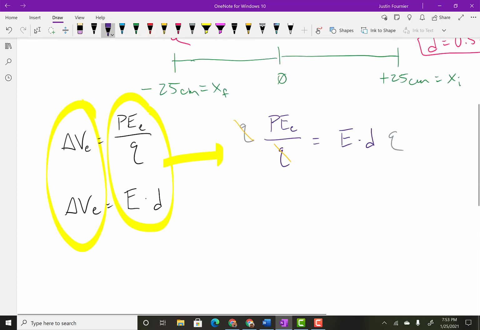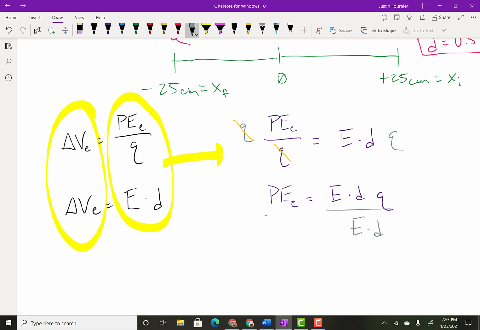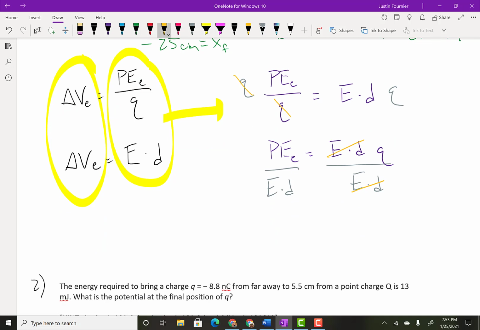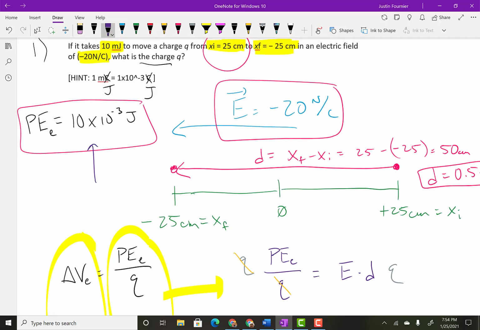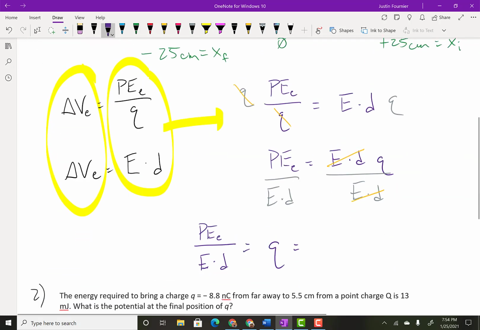Then I get that the electric potential energy is E times D times Q. Now I'm going to divide both sides by E times D, and this cancels out with this. What I'm left with is that the electric potential energy divided by the electric field multiplied by the distance is equal to the charge. The amount of electric potential energy we got is 10 times 10 to the negative 3 joules.